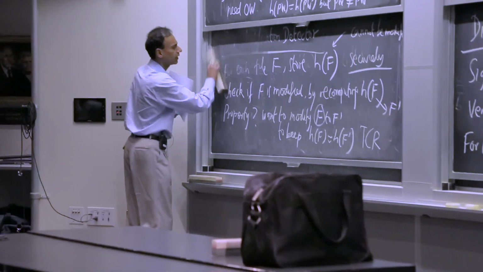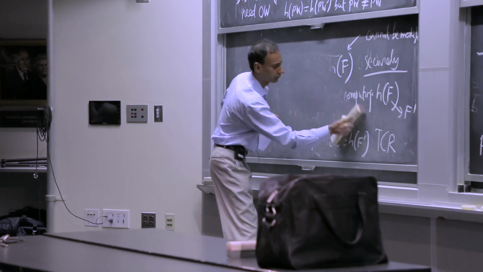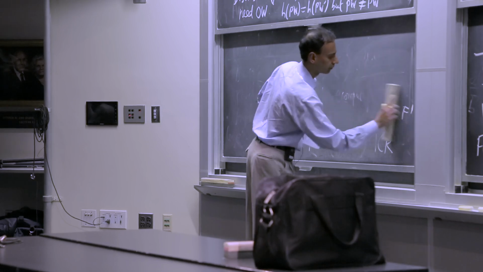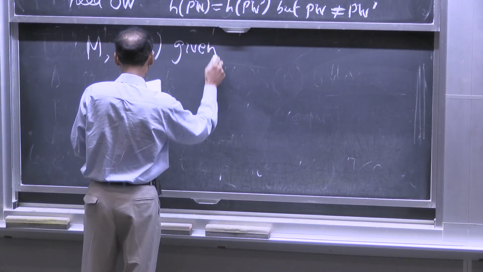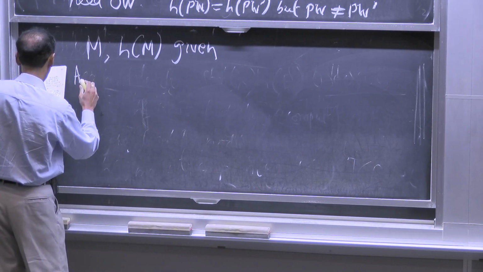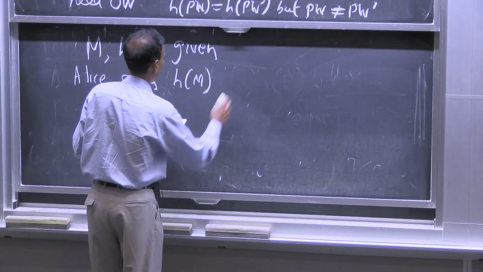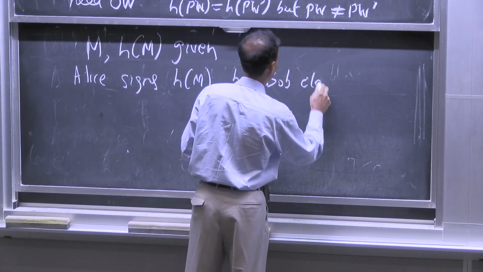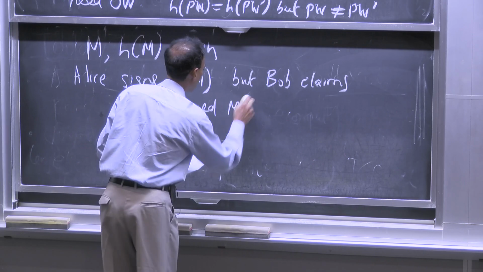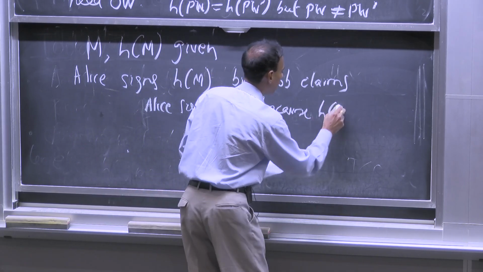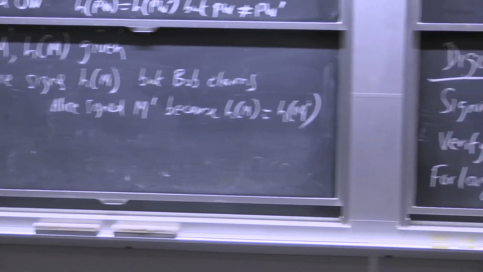I'm given, as an adversary, M and H of M. It is bad if Alice signs H of M, but Bob claims Alice signed M prime because H of M equals H of M prime, right? That is bad. So the M is public.